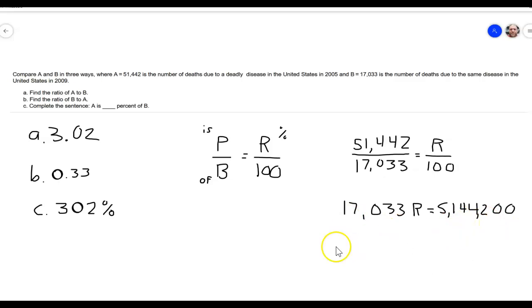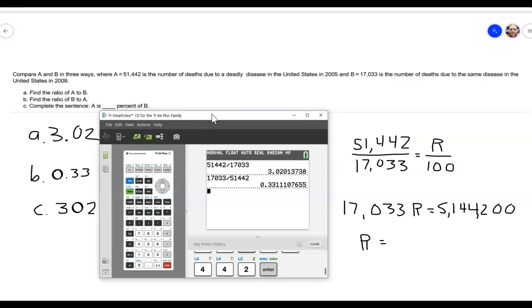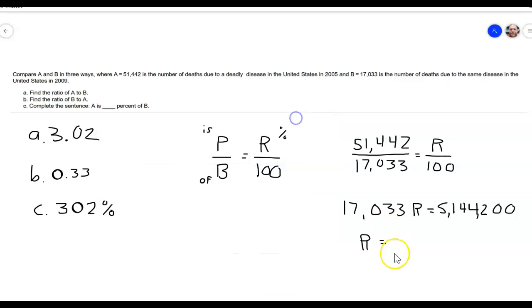If you divide both sides by 17,033, you get R is equal to, I'm pretty sure, that 302%. Let's verify that. 5,144,200 divided by 17,033, and sure enough, rounded to the nearest whole number, comes out to 302.